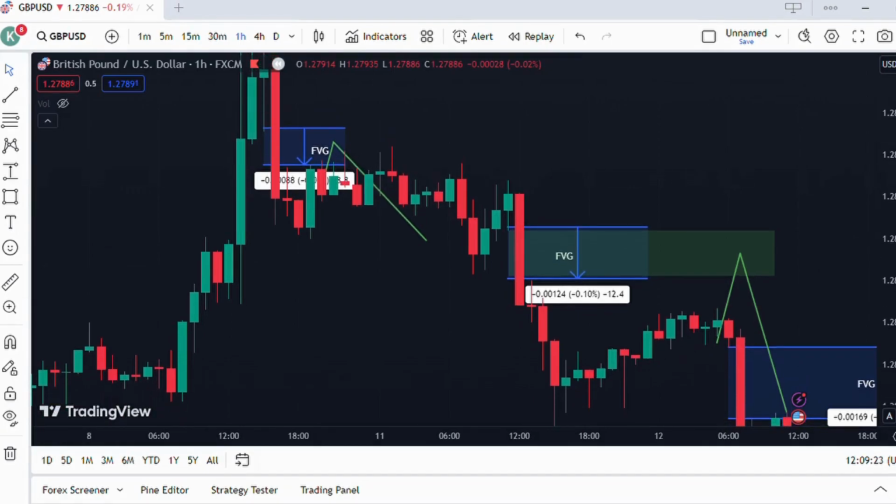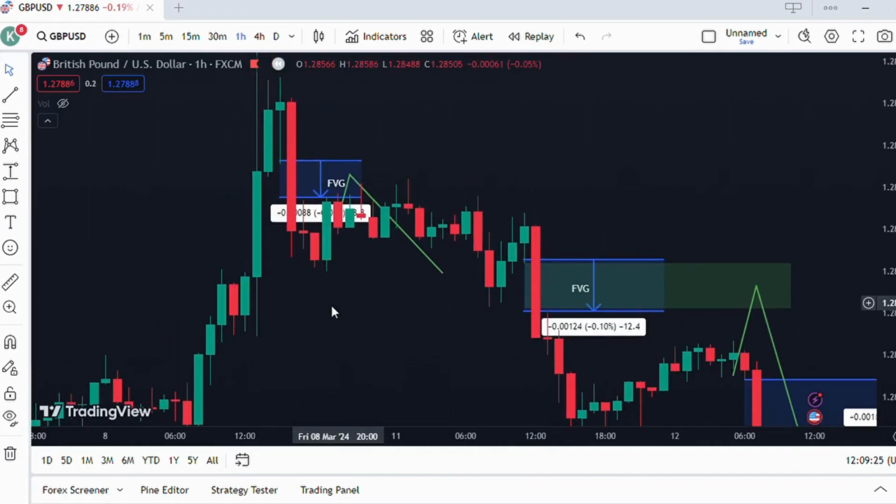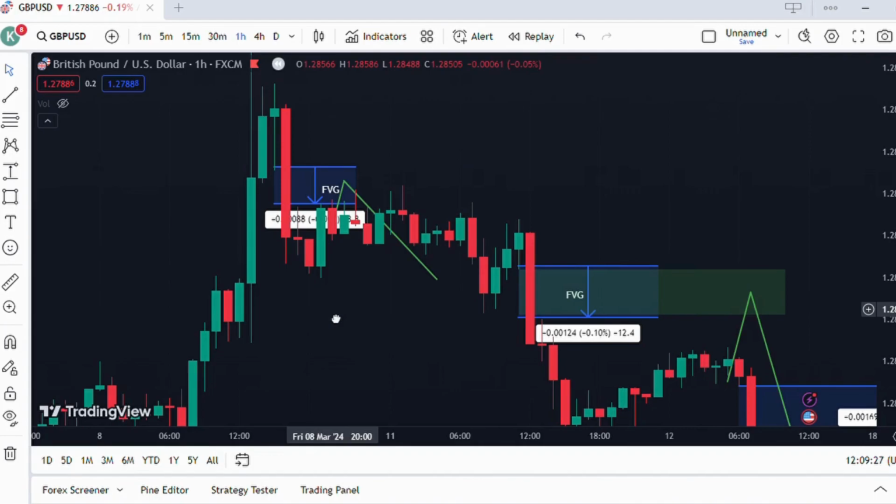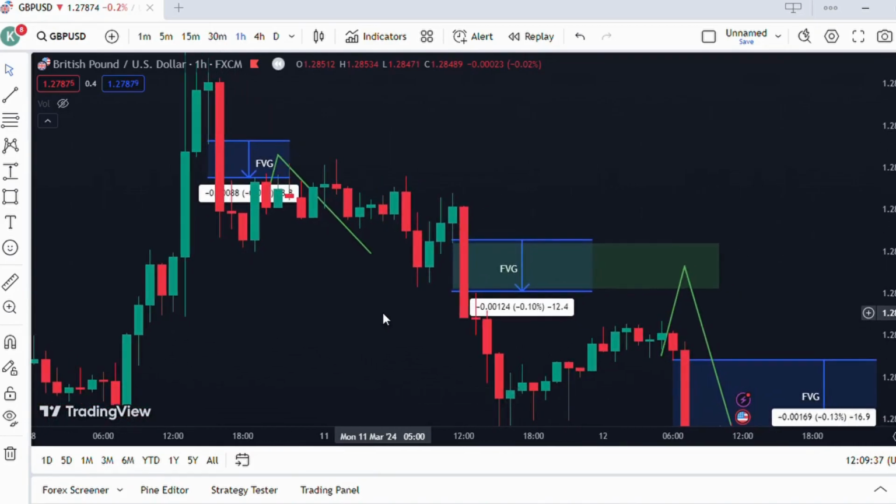Having this knowledge of the fair value gap, trading using the smart money concept will be very, very important. Knowing this terminology of the fair value gap, as well as the several regions of liquidity, which was treated in my previous video.